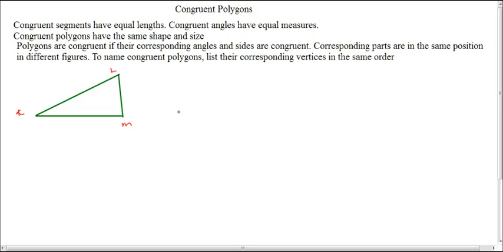So let's say we want to draw a line segment here, and we'll just call that line segment RP.